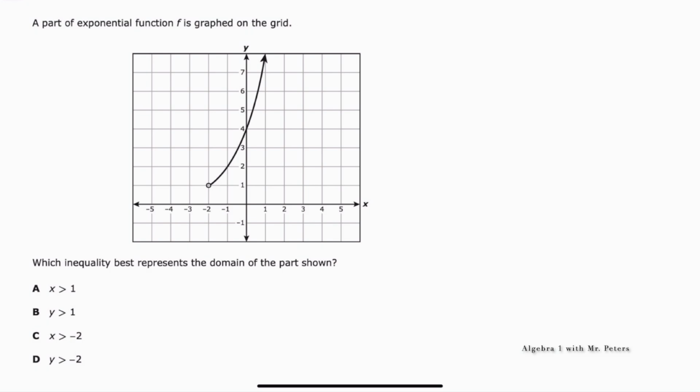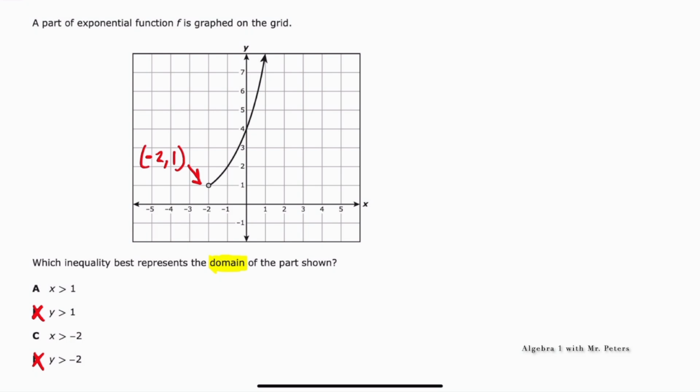So they're asking us for the domain of the exponential function. So family, just always remember domain deals with x. So if they have anything with y, such as B and D, that is incorrect. When we look at this point here, we know the coordinate is (-2, 1).